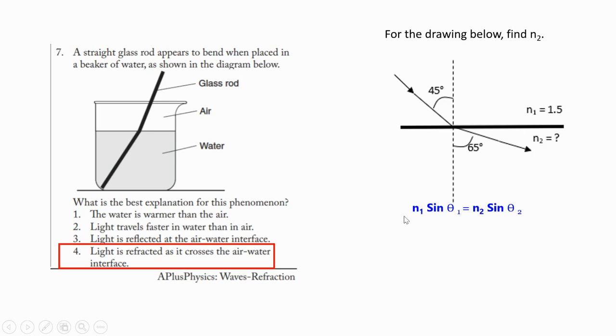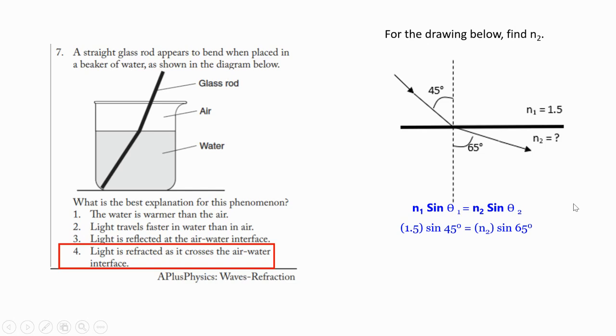Okay, so we are going to use Snell's law to find the index of refraction of the second medium. The first medium is 1.5 times sine of 45, and the second one is N2 times sine of 65.